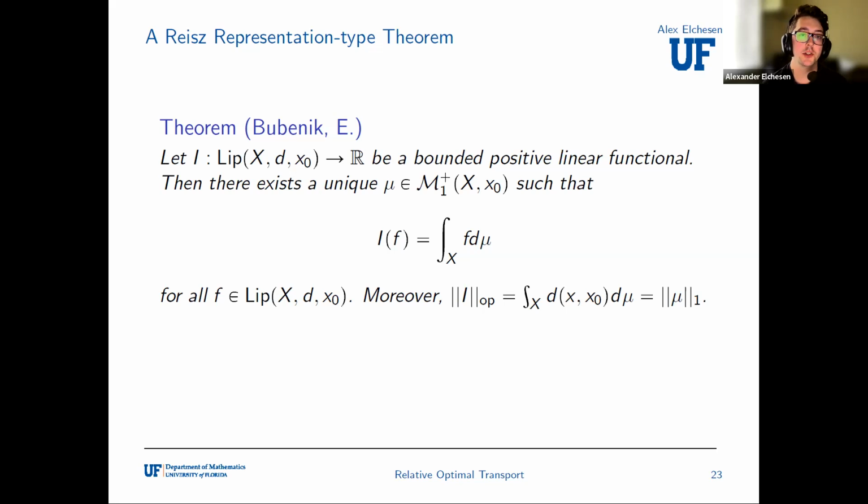Then there exists a unique mu in this quotient space so that I is just given by integration against mu. And just to be clear, when I say a unique mu, I'm saying there's a unique mu modulo that equivalence relation. Moreover, the operator norm of this positive linear functional is actually equal to the Wasserstein norm.